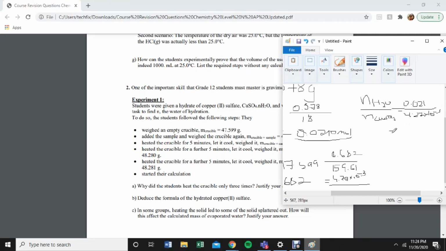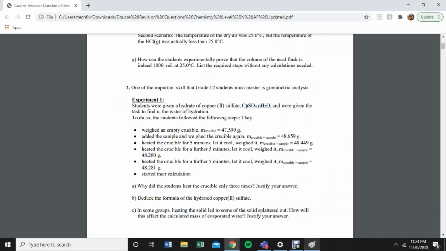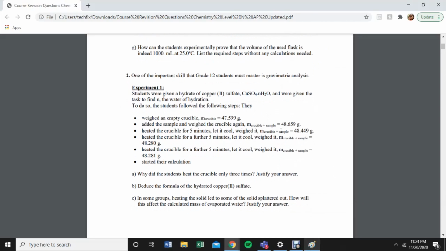The answer you get is 4.91, which is approximately 5, right? So basically the ratio of H2O to CuSO4 is 5. So the formula here would end up being CuSO4.5H2O, because that's the ratio, right? So n would be 5, okay?